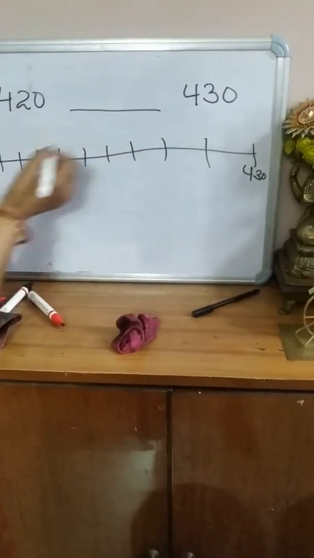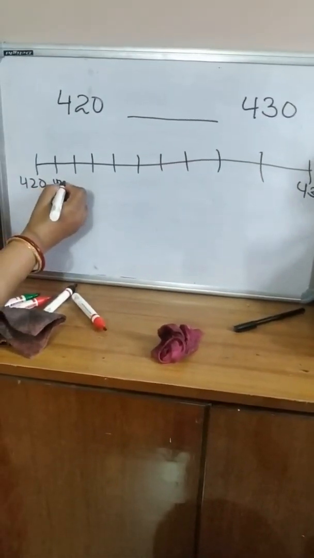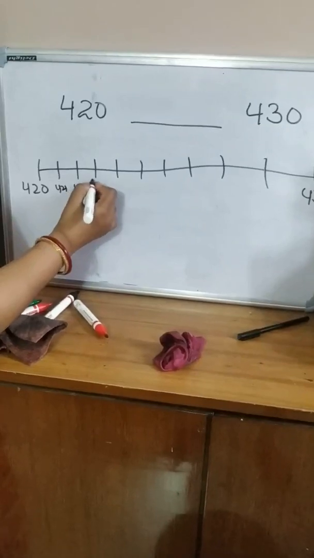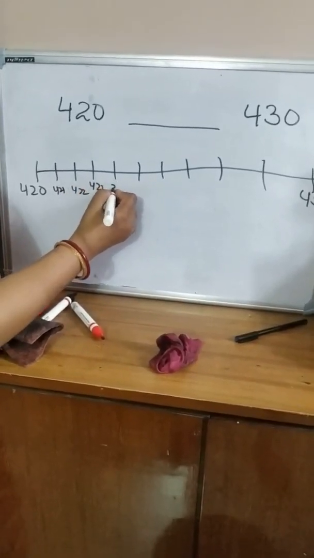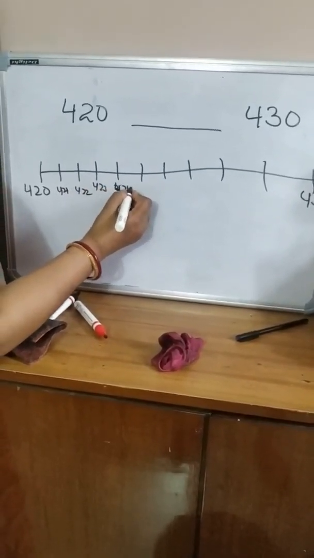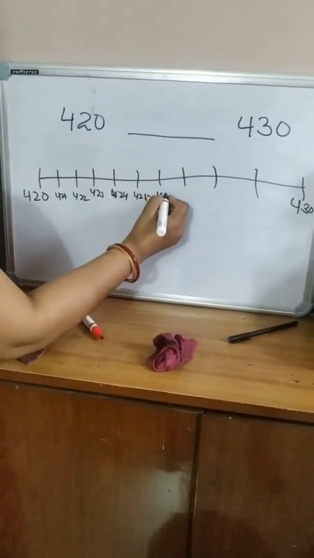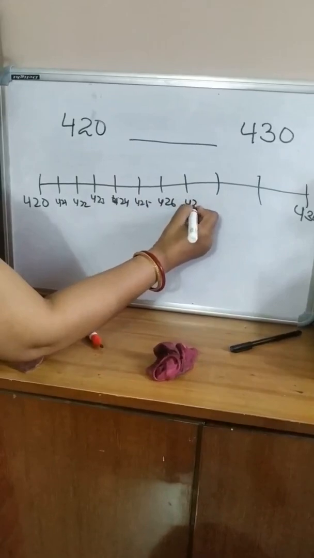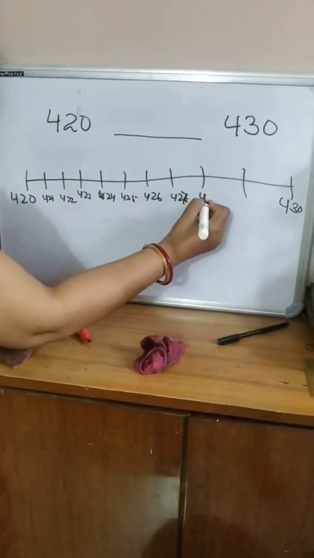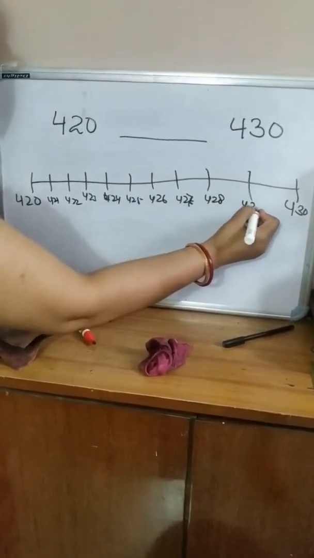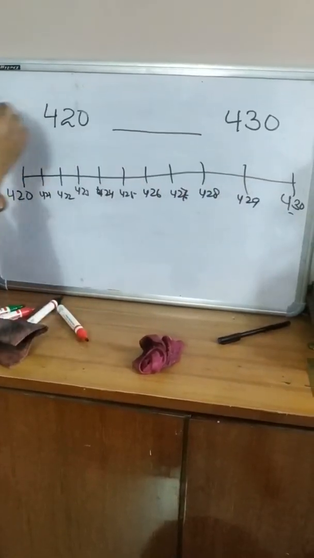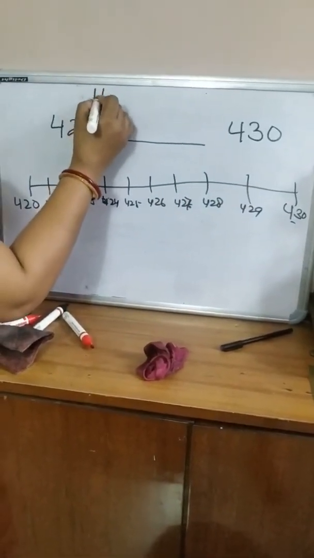Means it is 421, 422, 423, 424, 425, 426, 427, 428, 429, 430.